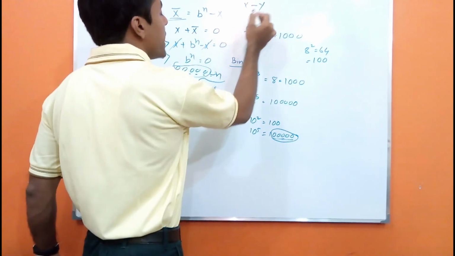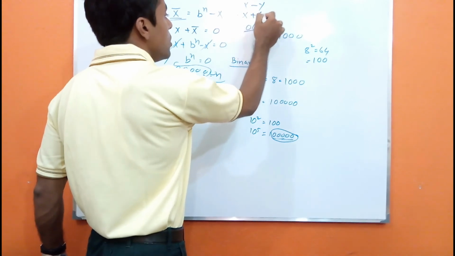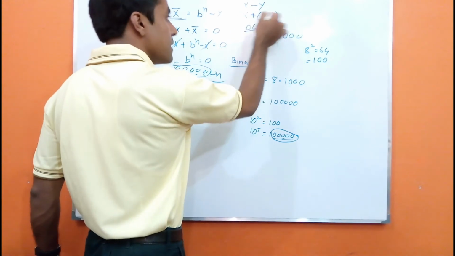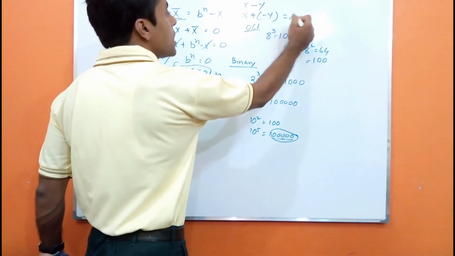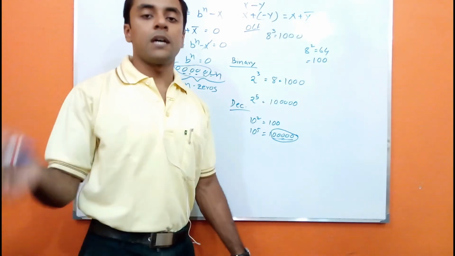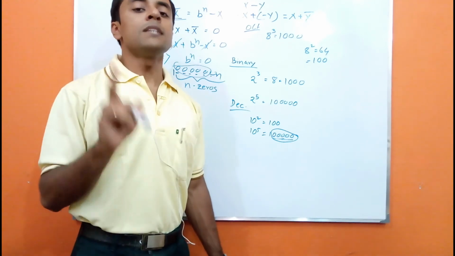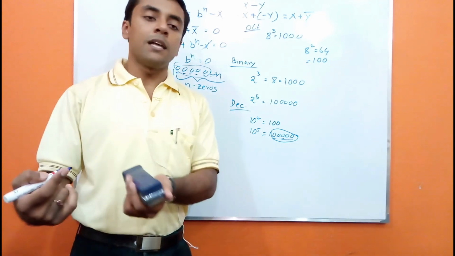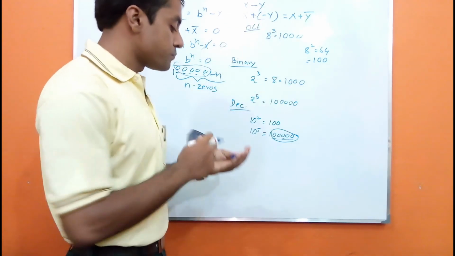So if you find out the additive inverse of y, what will be the value? Minus y, right? Now this negation is being done by your complement. So if you add the complement of the number with the first number, then you should get the result of the subtraction operation, right?